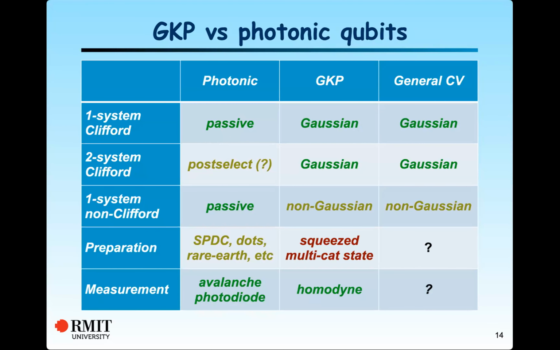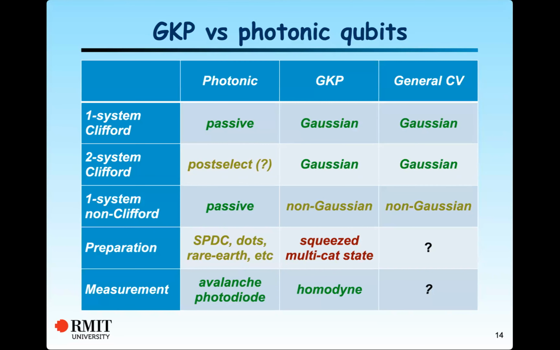Anyway, in photonic qubits, in other words, single photons in one of two modes, we have these challenges or ways of doing various things. So for universality, you need single and two system Clifford gates, and you need some one system non-Clifford. And you need to be able to prepare some sort of standard state, and you need to be able to do a measurement.